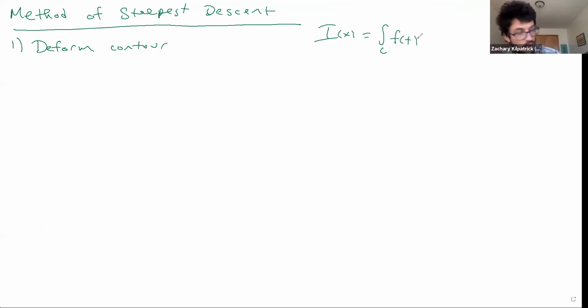So if we have some integral like this, where x is large, the idea is that we're going to look for saddle points.